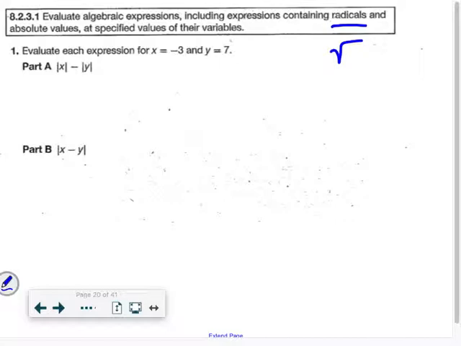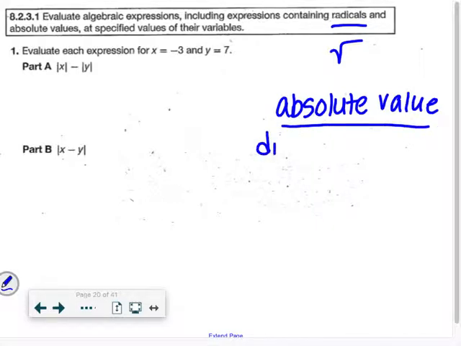Remember that the absolute value is the distance from 0 on a number line. And because it's a distance, it's always positive.